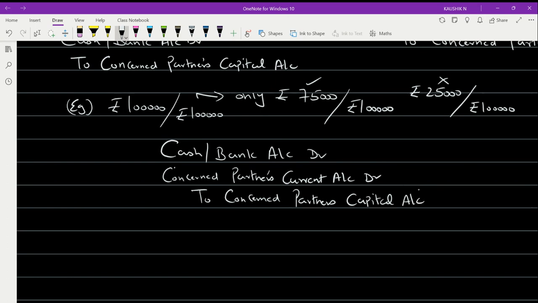So in this example, the amount of cash he brought is 75,000. The amount of capital that he has not brought is 25,000, which is going to current account. So altogether 1 lakh rupees is the amount of capital which he should have brought in. Any doubt up to these journal entries?